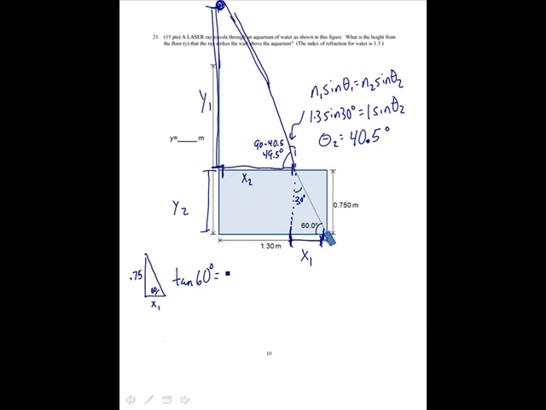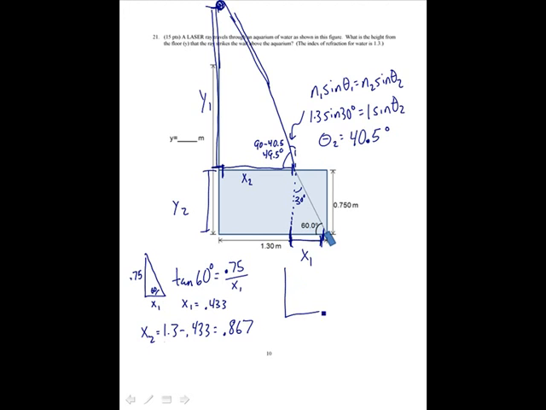That's 0.75 over x1. And so x1 is equal to 0.433. That tells me that x2 is 1.3 minus 0.433, which is 0.867 meters.